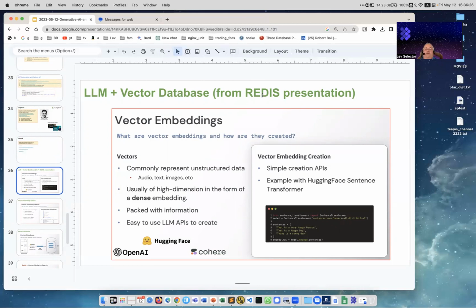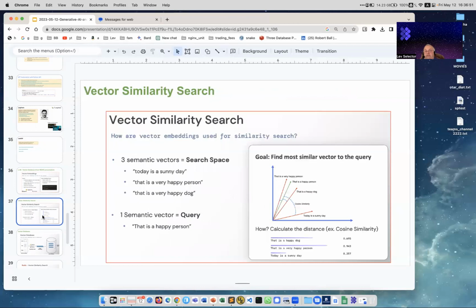It's very clever. And what Redis developers did, they created a new approach where they hold vectors, and then they can do a comparison of these vectors. They can do a search based on how close these vectors are to each other. Here are some examples.